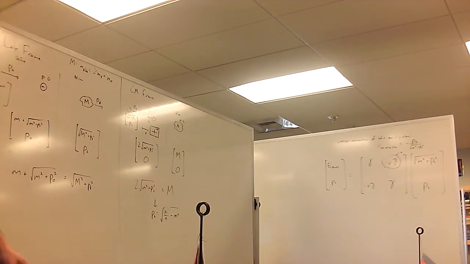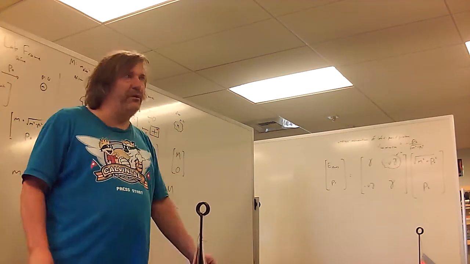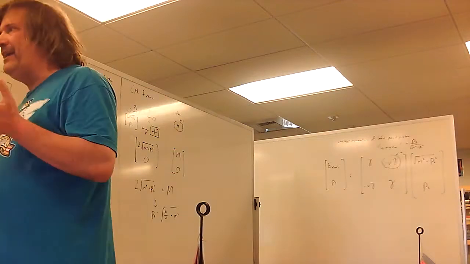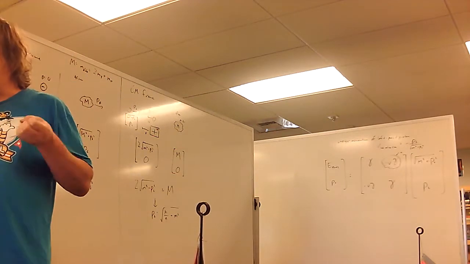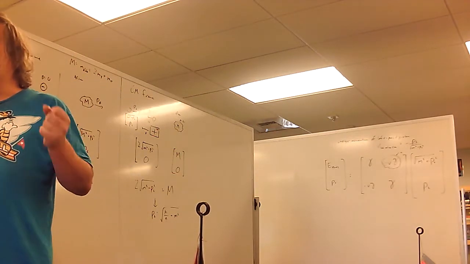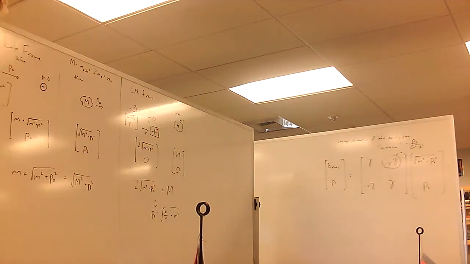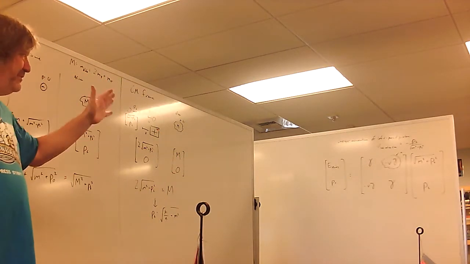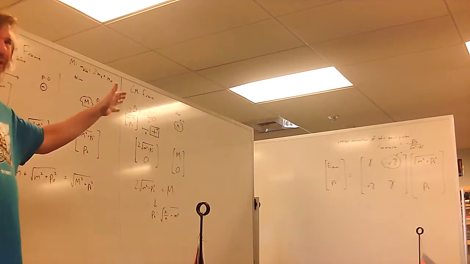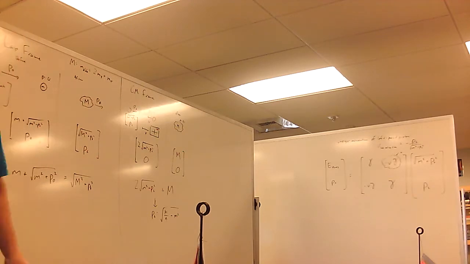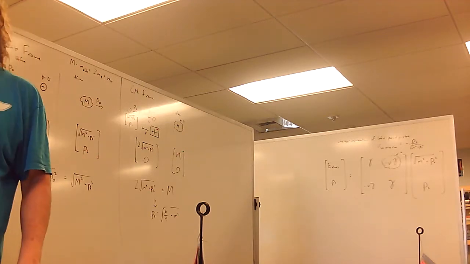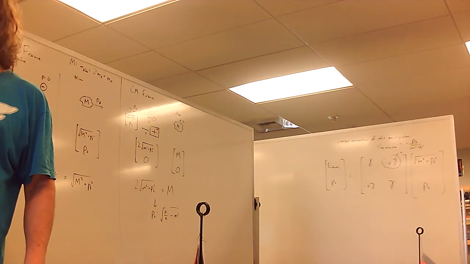How do I build my Lorentz matrix? Well, if you know a velocity, how do you build a Lorentz matrix? The gammas and the negative. Normally I write minus V gamma, except that in this case V is negative. So these do become positive terms.